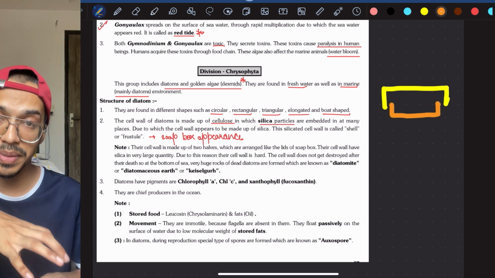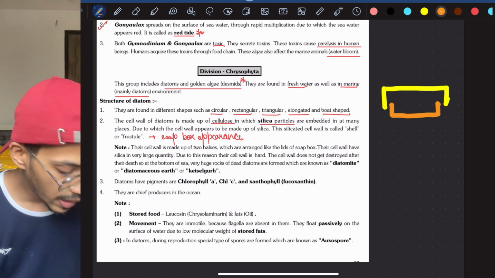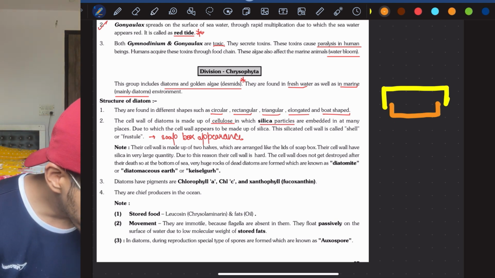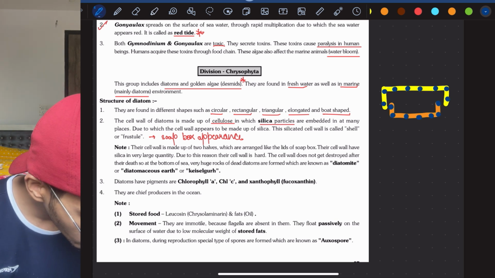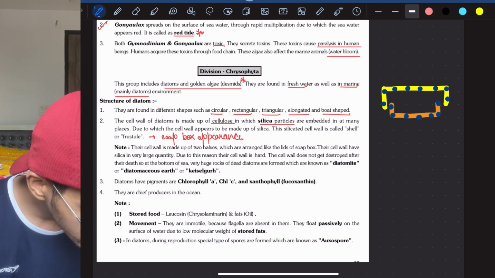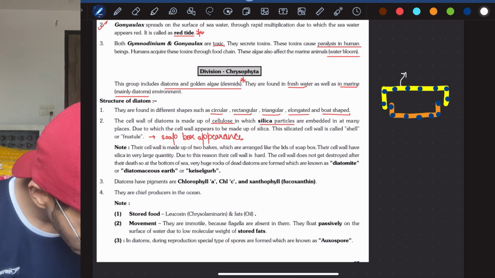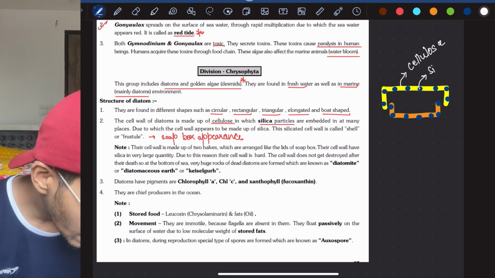The cell wall is present like this, one fits into the other, and within this cell wall there is the presence of silica like this. The yellow and orange color is what? That is your cellulose only. This blue color which I made is the silica. So this is made up of cellulose, but the silica is embedded into it.